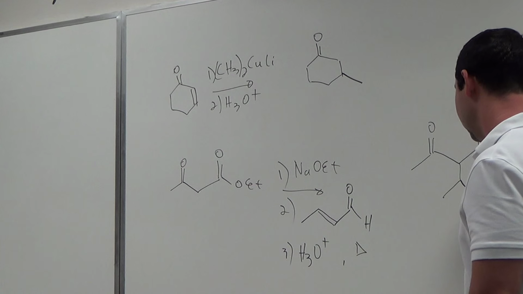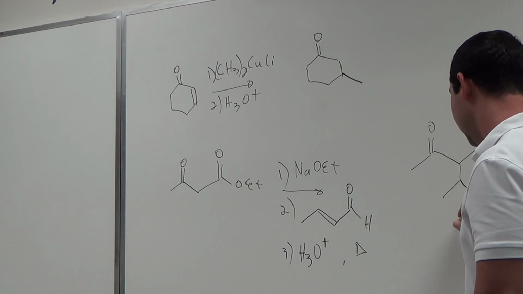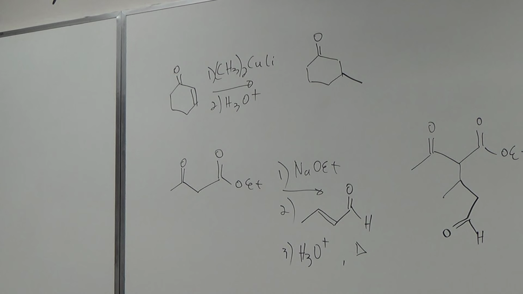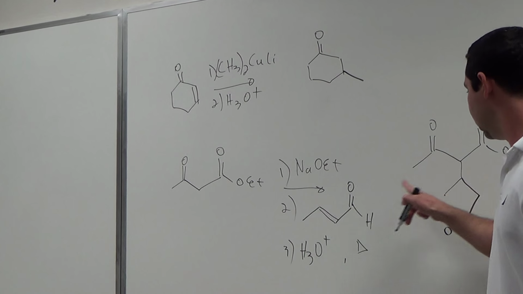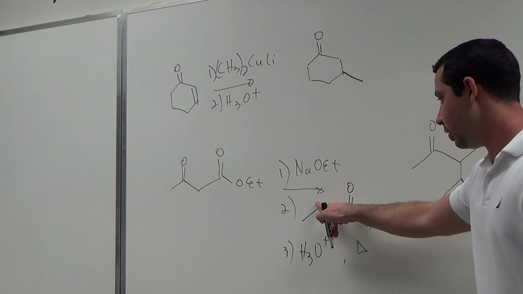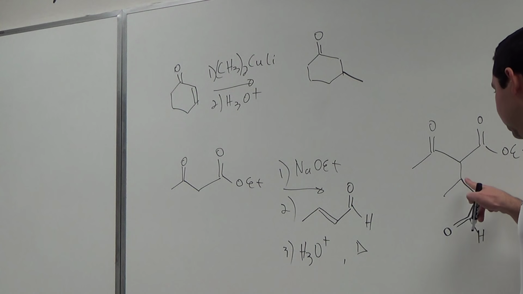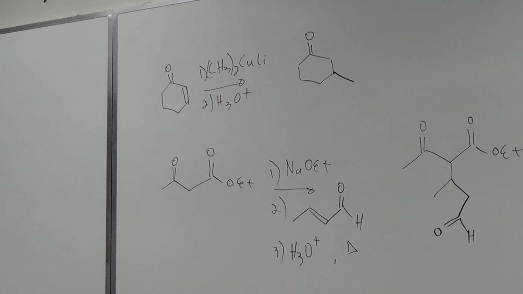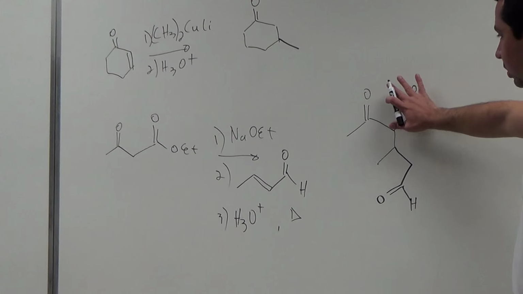Got a CH2, the double bond is there. Yes or no? Yeah, that's right. That carbon is this carbon. It has a CH3. CH3 has CH2 carbonyl. And if I do decarboxylation of that, that goes away.